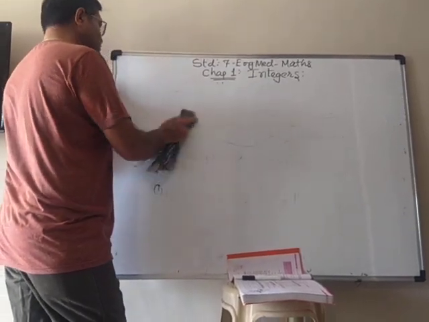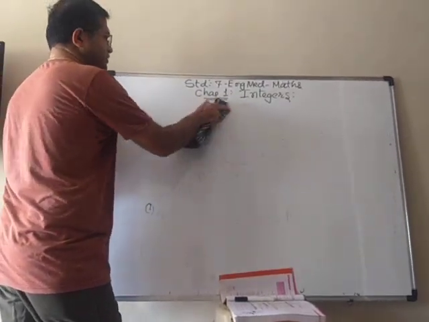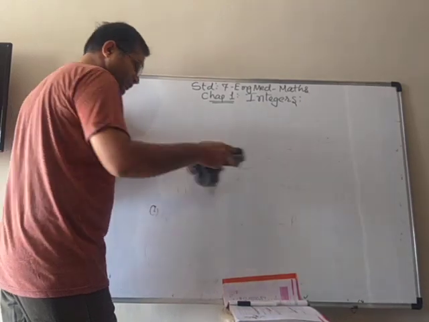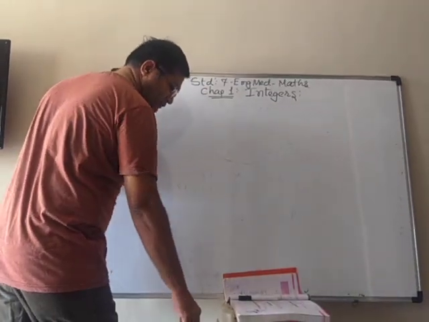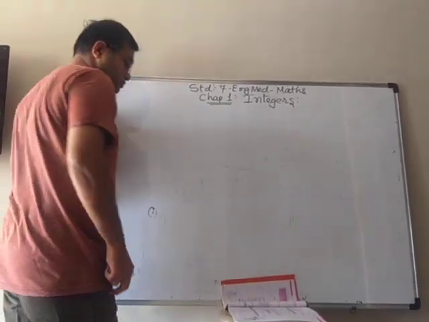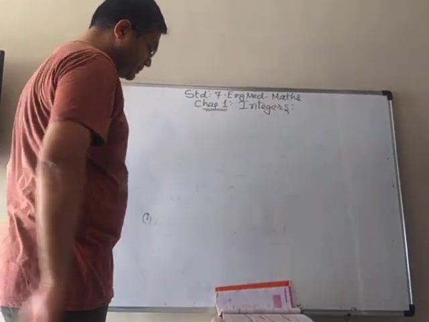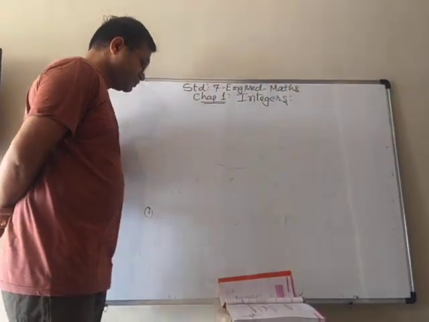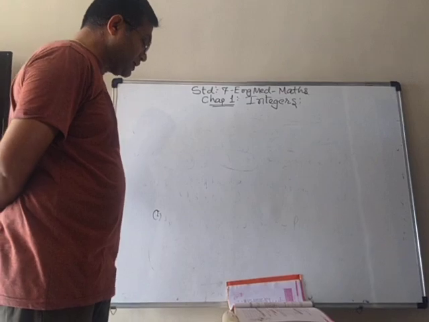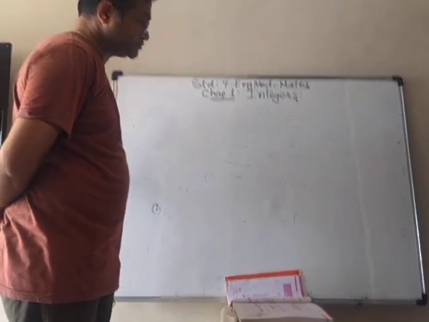So now you know the multiplication of either the positive integers or the negative integers or the mixture of some positive and some negative integers. Then there will not be a problem with you.